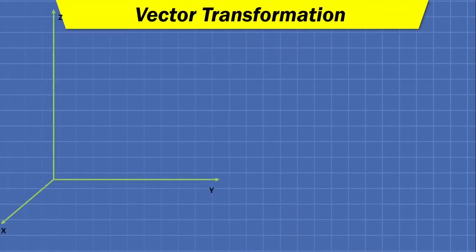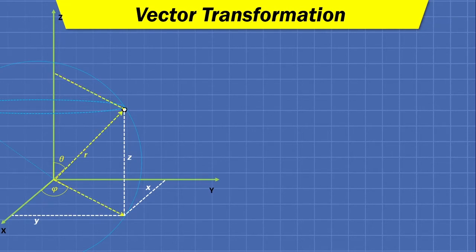So I have taken a right-handed Cartesian coordinate system and a point x, y, z is shown. These are the x, y and z coordinates of that point. We can imagine a sphere, a cone and a half plane which represent the same point in the spherical coordinate system. Here r is the radius of that sphere.